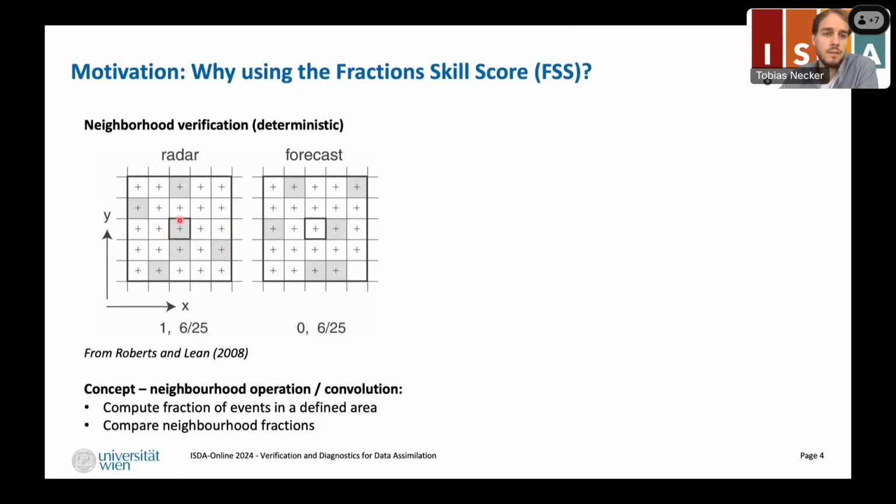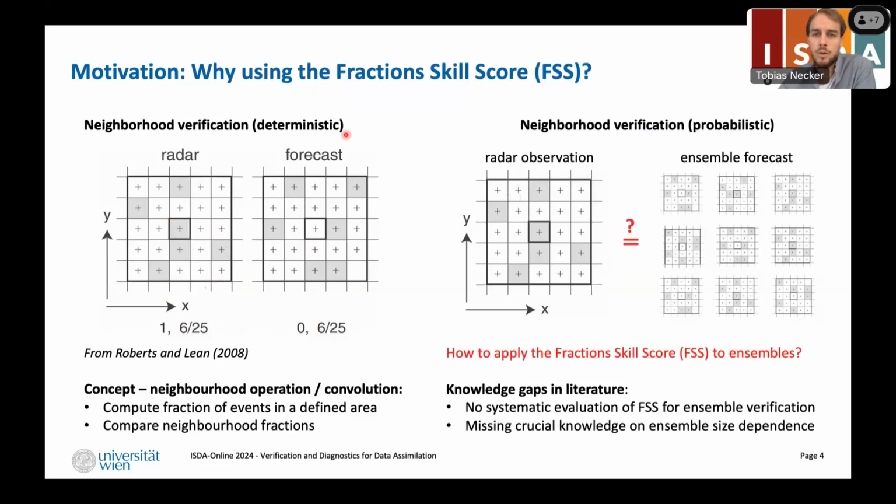The idea is now not to do this grid scale based verification, but to introduce a neighborhood, a convolution, and then look at the fraction of the event, how often it occurred over this neighborhood. And you can actually see that if you look at the fraction, the forecast did a quite good job in matching the observations.